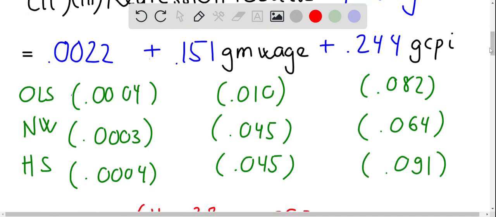That is the answer for part 2, and for part 3, we consider the heteroscedasticity robust standard error with the Newey West standard error. We don't find much difference.